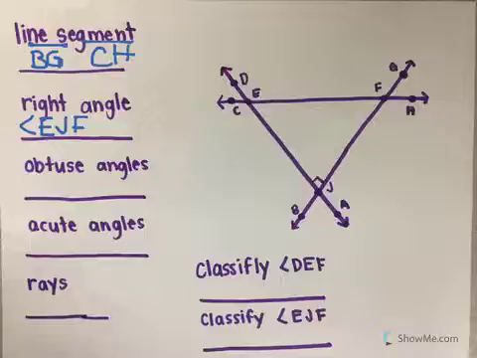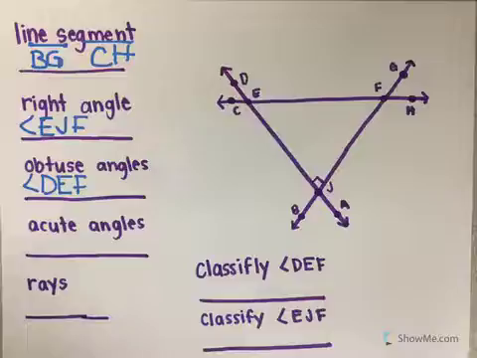F, J, E. Well, what do we know about this angle J? It is a what kind of an angle? Right. Can right angles be obtuse angles? No. No. So let's look around the shape. Let's look for a different angle. D, E, F? Yeah. D, E, F is an obtuse angle.